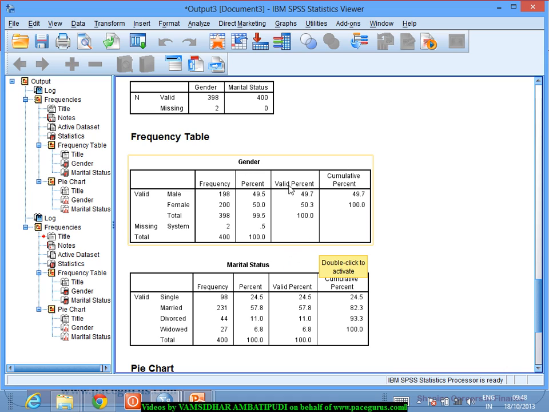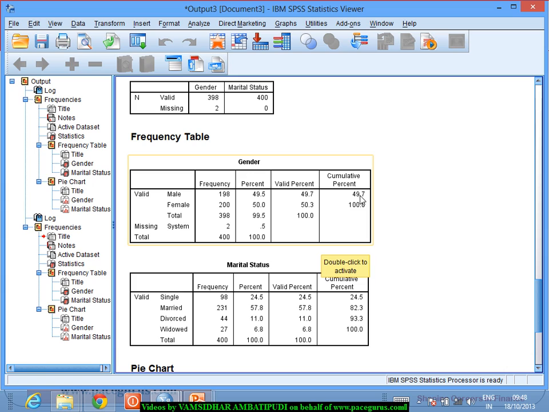And when it comes to valid percent, it re-expresses all these percentages as a proportion of only the valid values, which means this 198 is not divided by 400, it is divided only by 398, and this is the valid percentage.